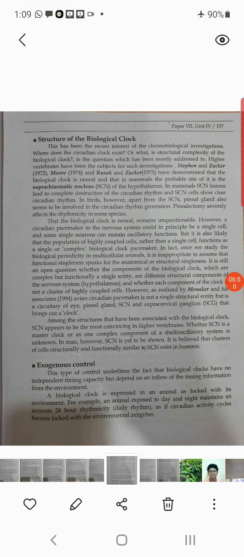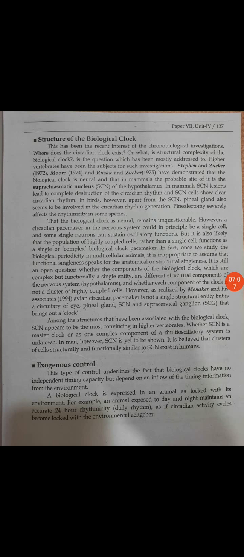They demonstrated that the biological clock is neural and that in mammals the probable site is the suprachiasmatic nucleus of the hypothalamus. So it depends upon our brain.